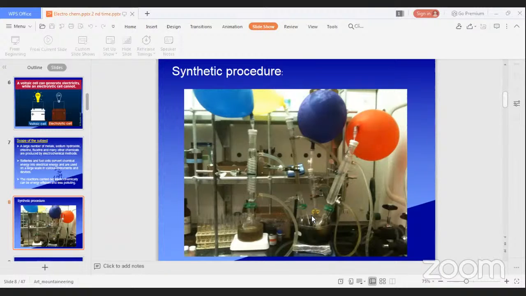All these organic solvents we are using are environmental pollutants.